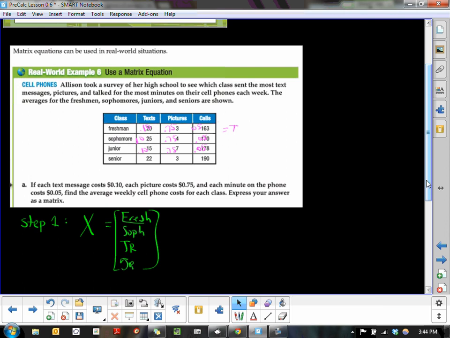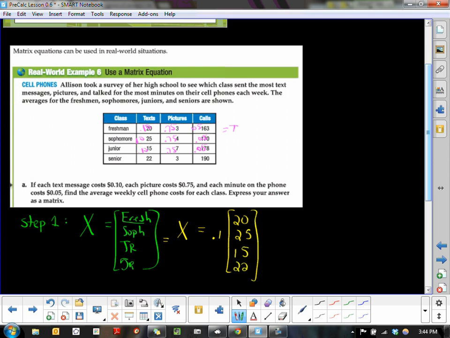So to find my matrix X, my total matrix, it is going to be equal to 10 cents times every one of these freshman, sophomore, junior, and senior text messages. So it's 20, 25, 15, and 22.